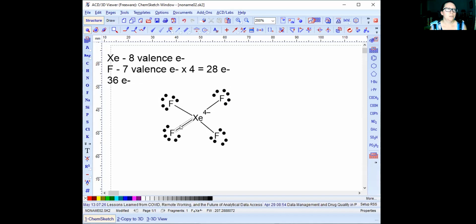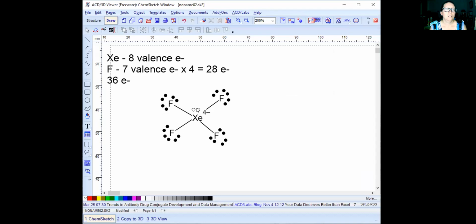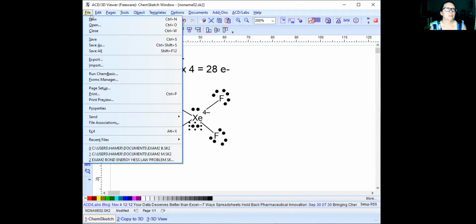We're only showing 32 electrons, so we need to show 36 electrons. So let's go ahead and add 2 more lone pairs on our central atom, and we can just put them wherever we like.